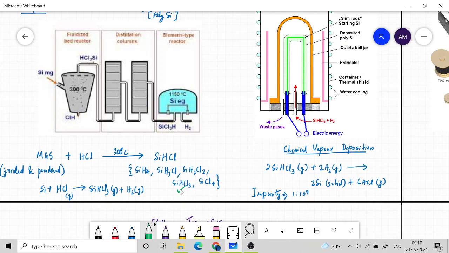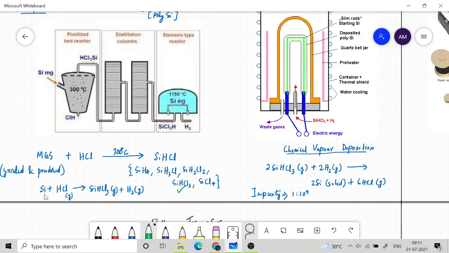There is a particular column from which you will get that. Basically the gas is converted into liquid and condensed at various temperatures, so that the condensation temperature is different for different products. So you pick it from a particular point, and you will get pure SiHCl3.